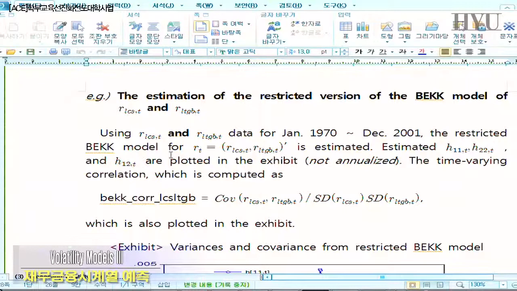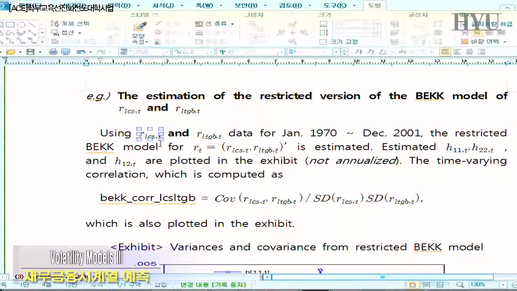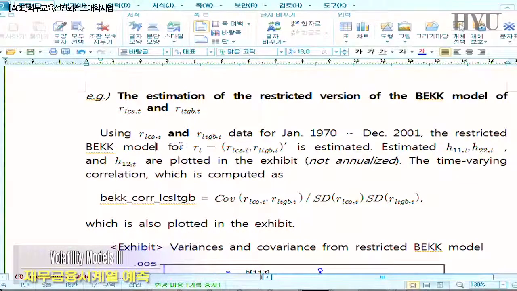So we are focusing on the same example, large capital stock and long-term government bond returns, using monthly data. So you have 2 variables, the bivariate case, and you want to estimate those.